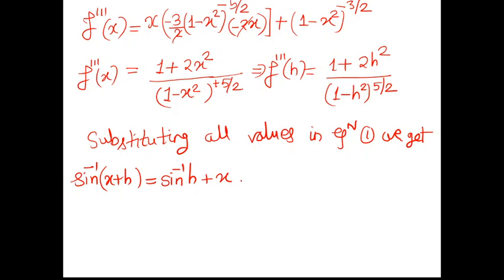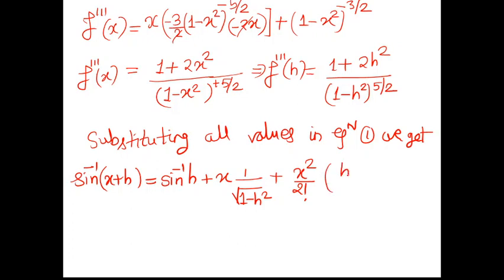The value of f dash of h is nothing but 1 upon under root of 1 minus h square. Then the next term is x square by 2 factorial, and then the second derivative.